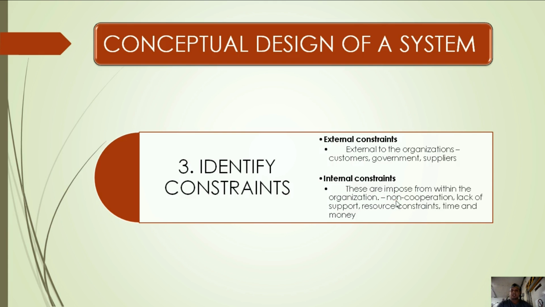While the internal ones are those imposed from within the organization, like other personnel not cooperating or lack of support from top management. Resources are not good, and the time and money are not enough to do the system or to do the job.